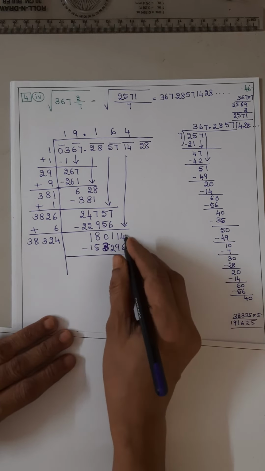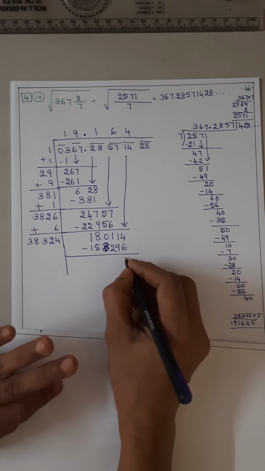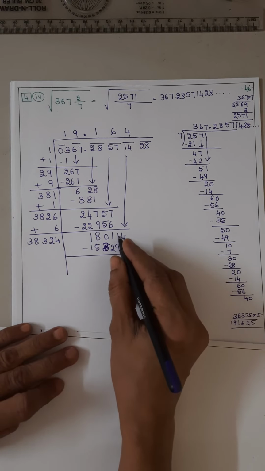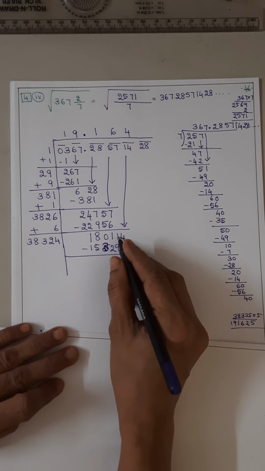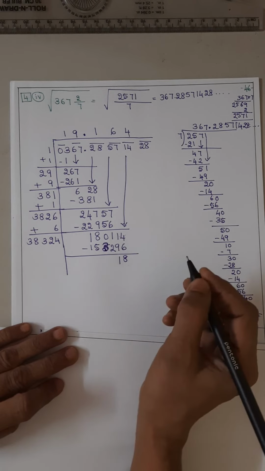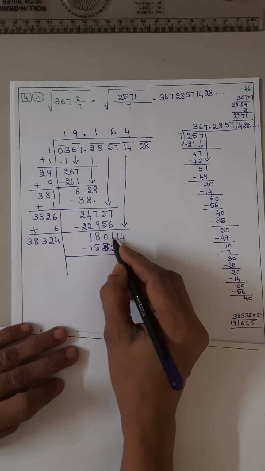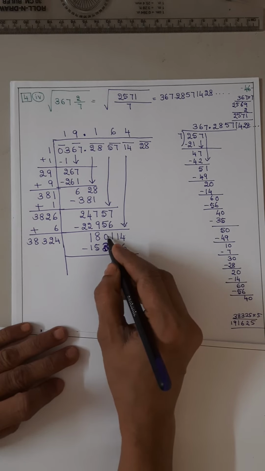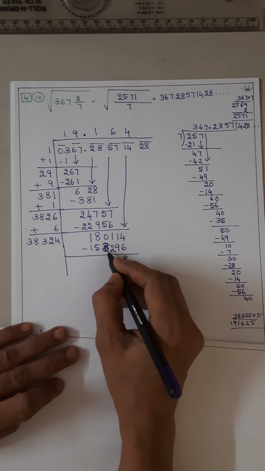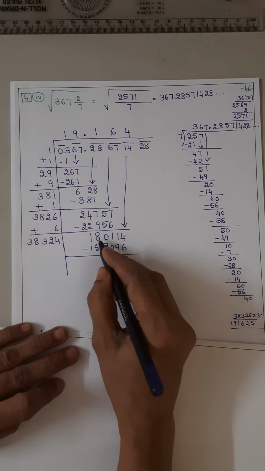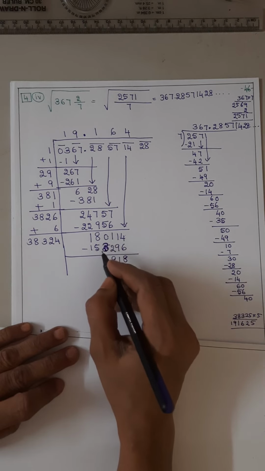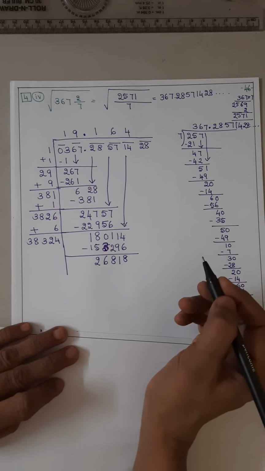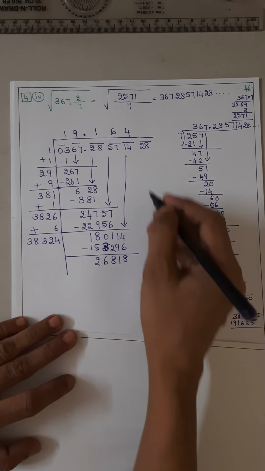Now 4, 5, 6 means 8. Here it is 10 minus 9, 1. Now here it is 10 minus 2, 8. Now 9 minus 3, 6. And here it is 7 minus 5, 2. 2, 6, 8, 1, 8.